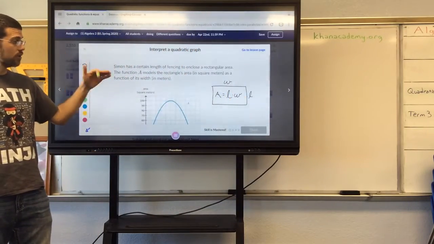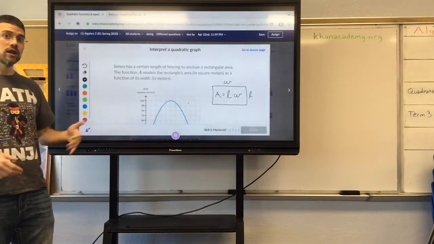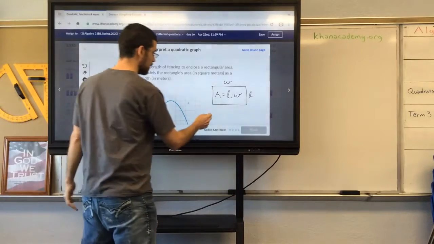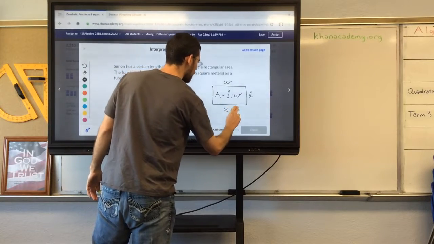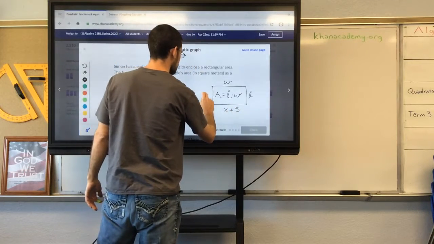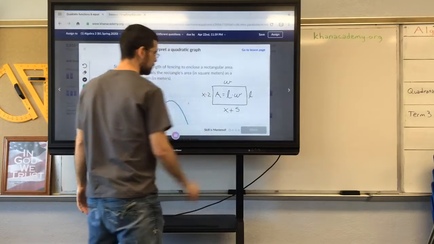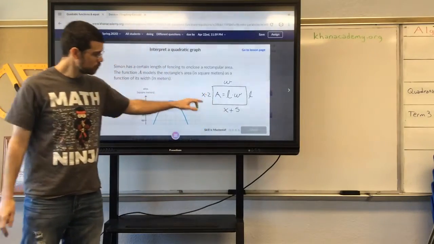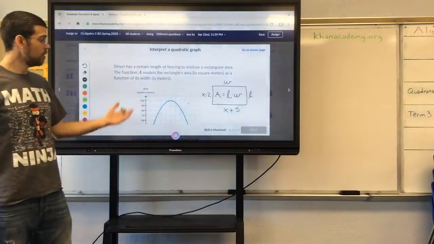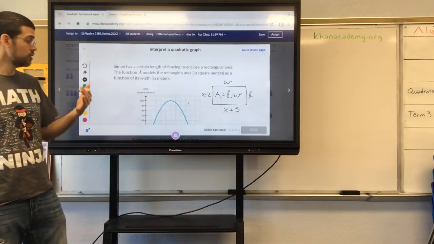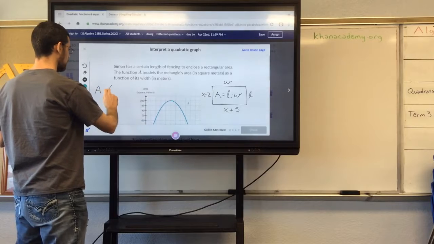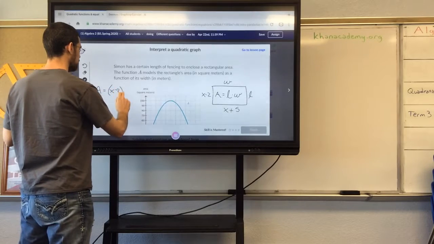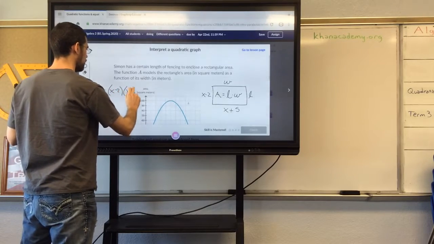So if the length and the width were given as binomials, something like x plus 5 and x minus 2, if these were the side lengths of that, then we would have a function A that equals x minus 2 times x plus 5.